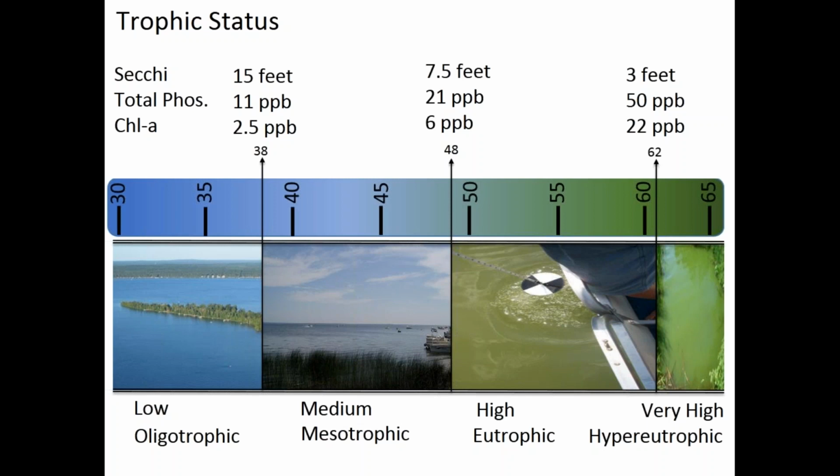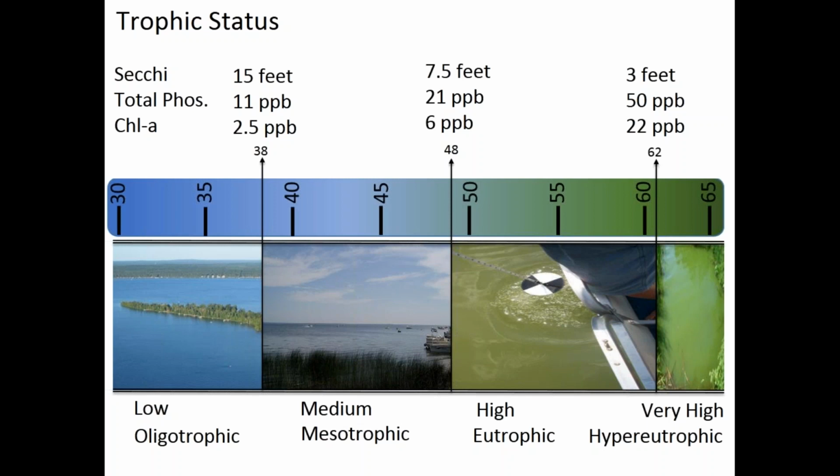So if your lake has, for example, a Trophic Status Index of 45, that means your lake is mesotrophic. And if you follow that 45 straight up, it means your Secchi is probably about 9 feet. Means your phosphorus is about 15, and your chlorophyll is about 4. And that particular combination means you have a mesotrophic lake.